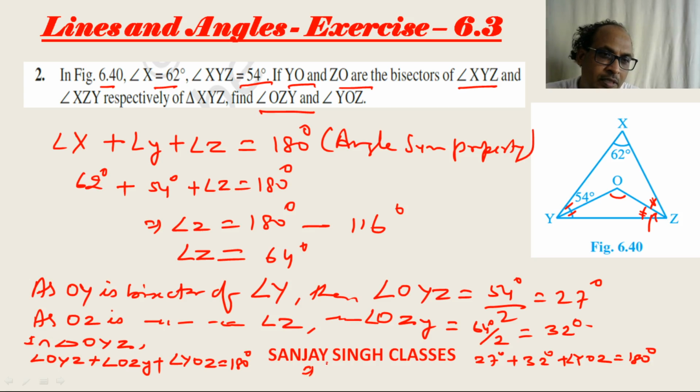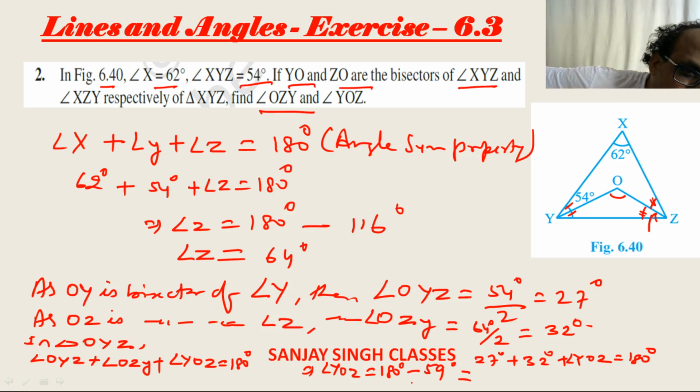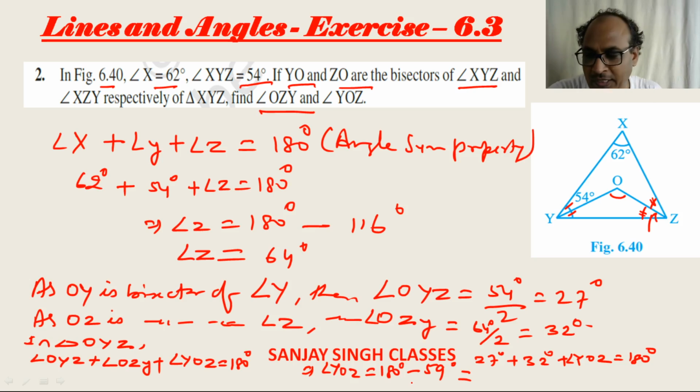Therefore, angle YOZ will be equal to 180 degree minus 59 degree. So 121 degree. The answer will be 121 degree. So this angle will become 121 degree.